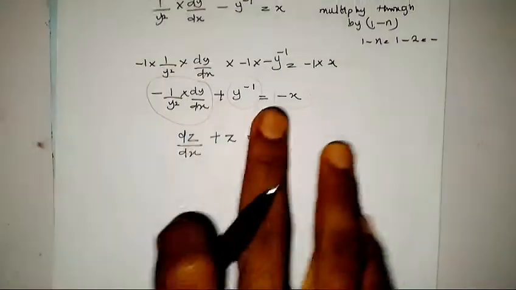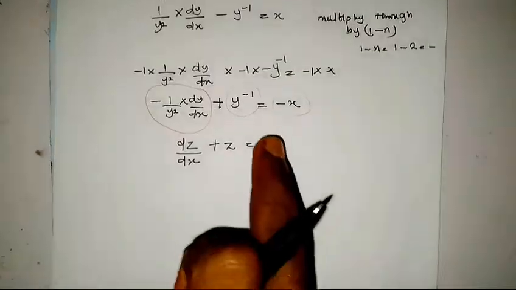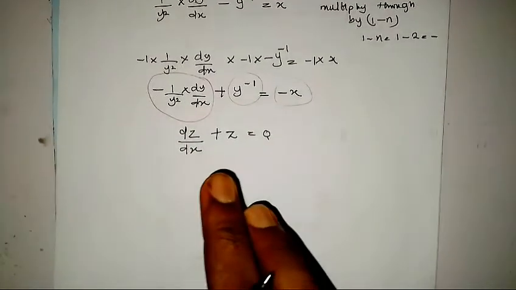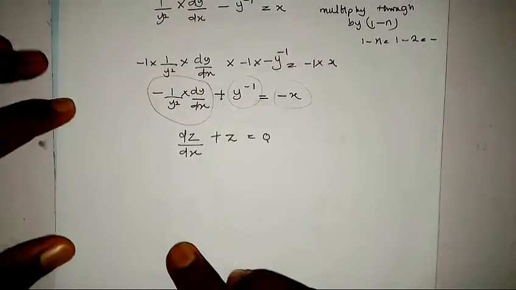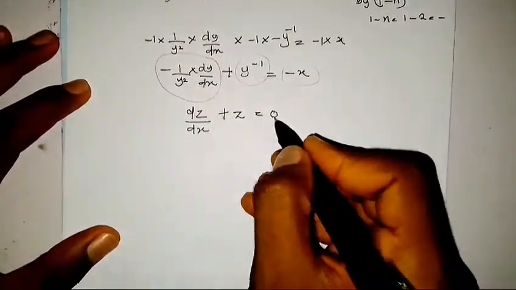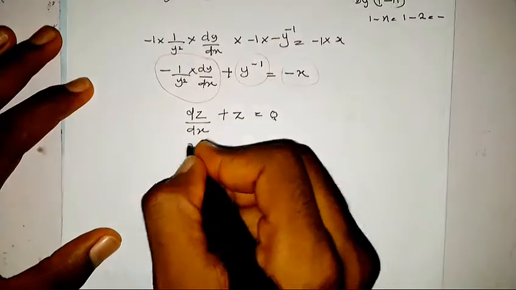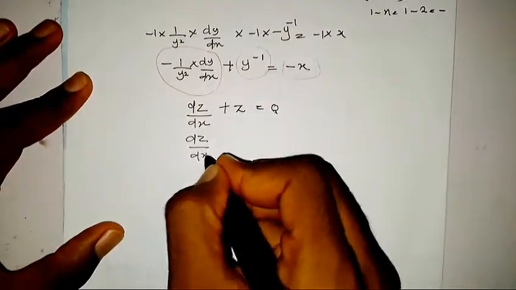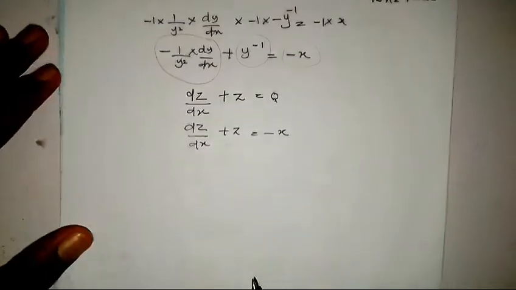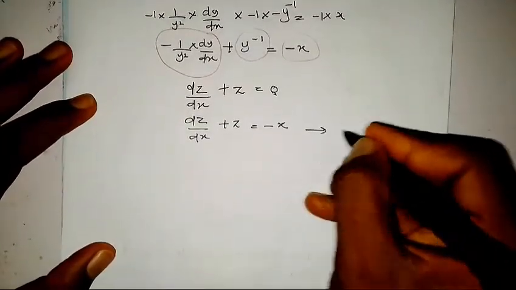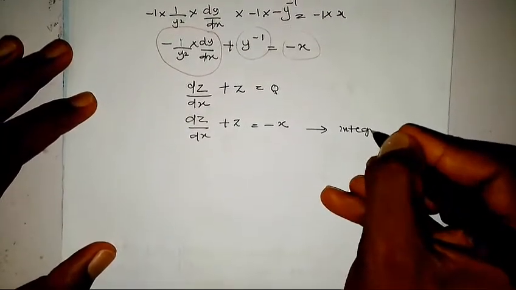Now, why we are assuming this is so we can easily represent it in a simplified first order form, so we can solve by the integrating factor method. So my q here is minus x, right? So we have dz/dx plus z equals minus x. So now we can simply solve using the integrating factor method.